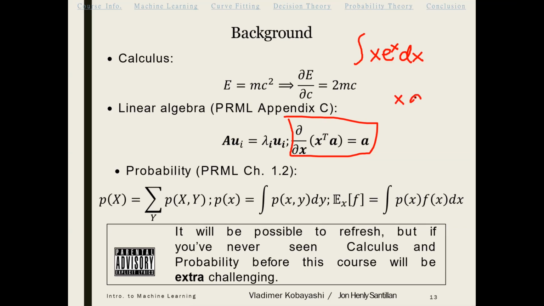X, kaya lang this can be a vector. And a can also be a vector as well, or a constant or a scalar. And of course, probability, pinakagamit is yung marginalization.